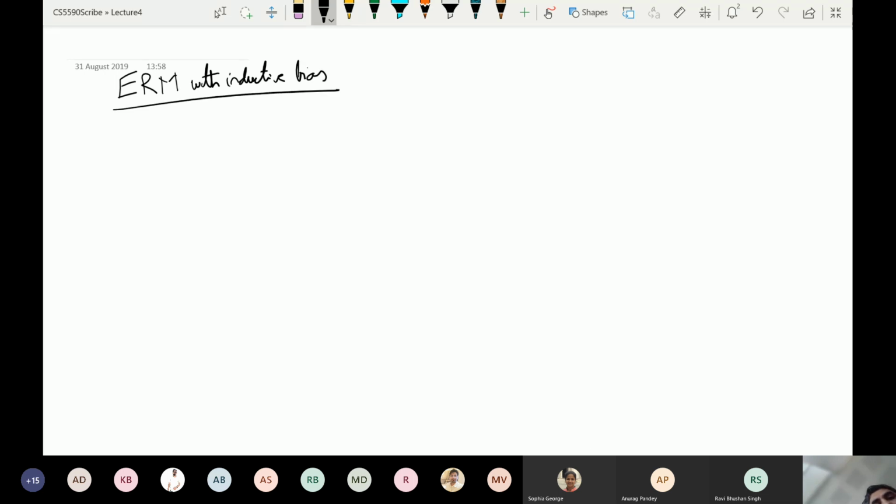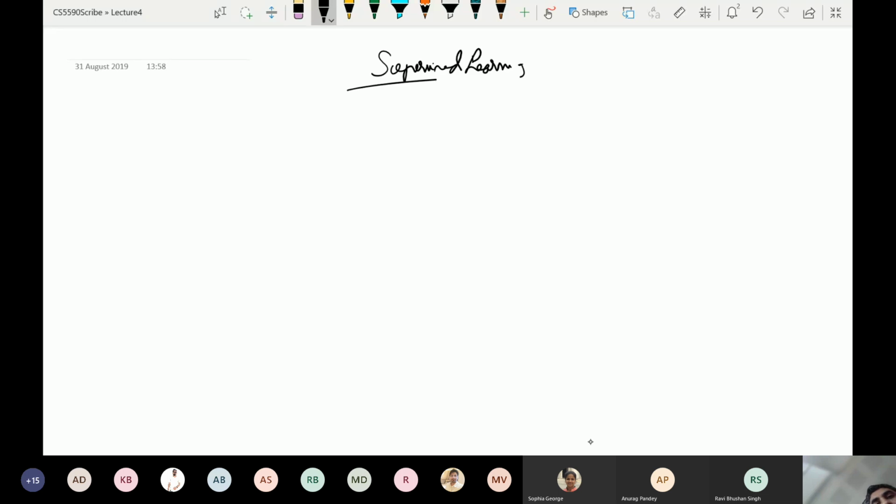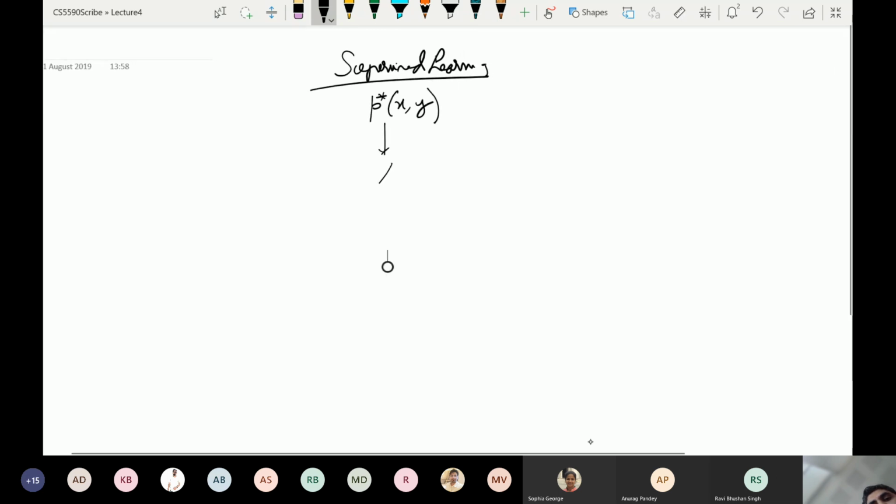Let's begin with supervised learning itself. In supervised learning, you assume the unknown concept is represented by a joint distribution of inputs and outputs from which your training data set is sampled. So m samples.